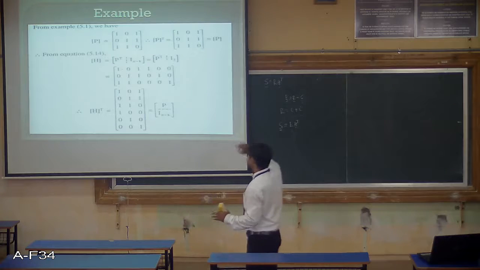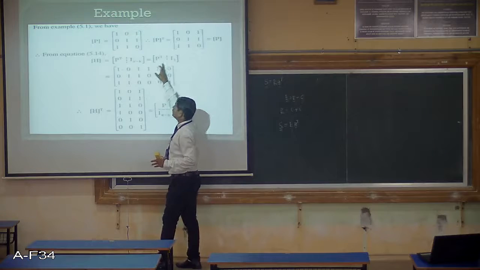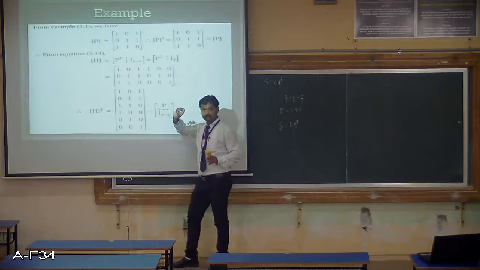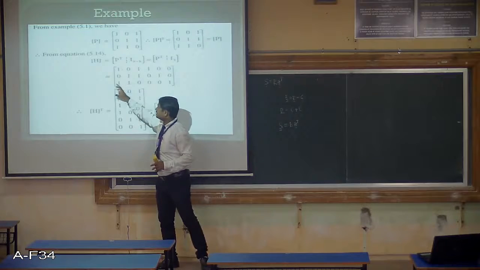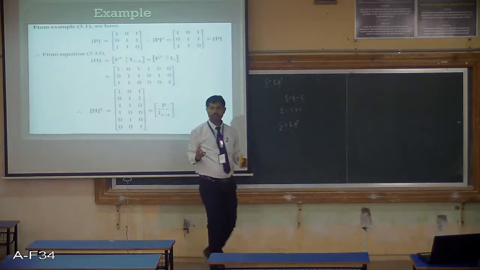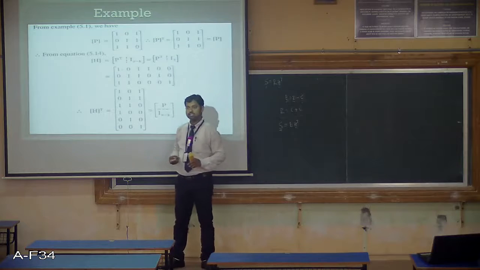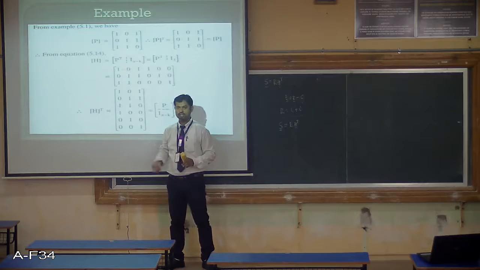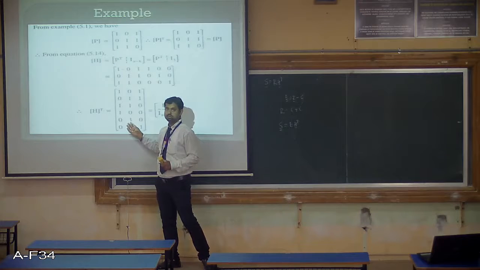So P transpose you put up here initially, followed by the identity matrix of n minus k. This matrix is H. If you get H, I can easily produce H transpose, just by interchanging the rows and columns. This is my H transpose.